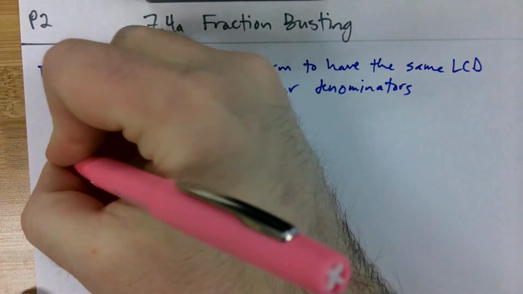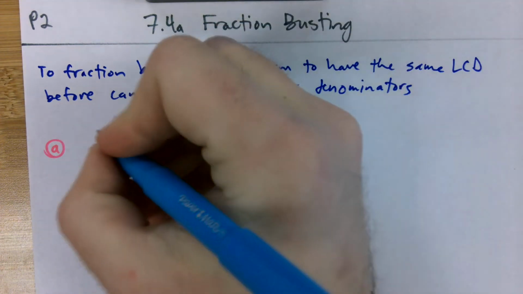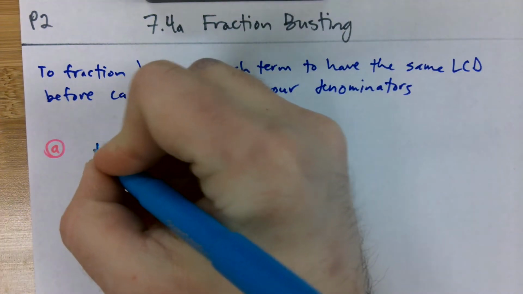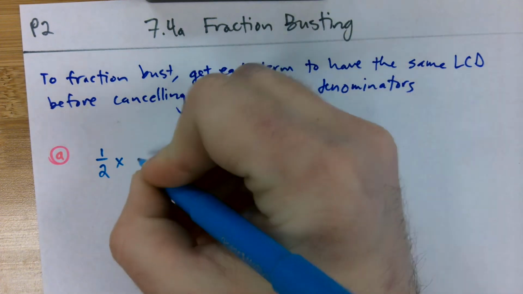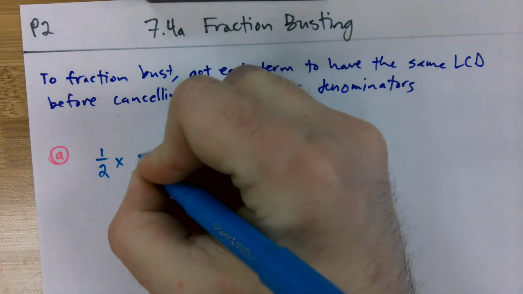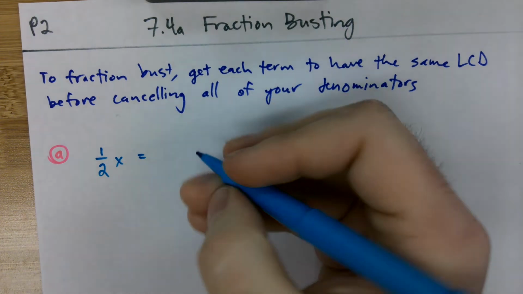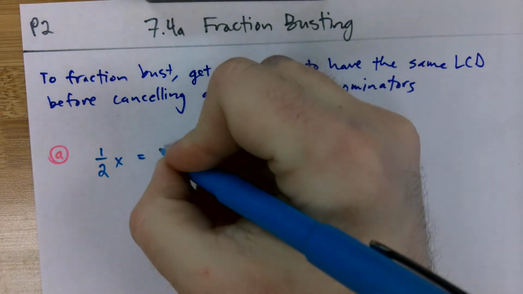So let's just go ahead and start with example A. Let's start with something really, really simple. 1/2 x equals, let's go through, I don't know, 4/3.